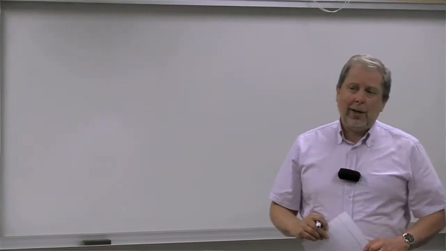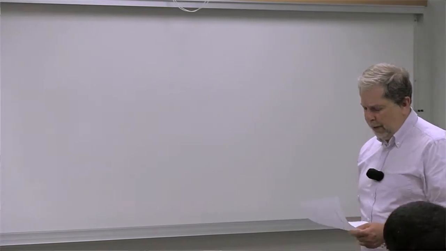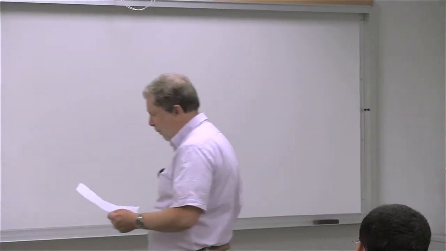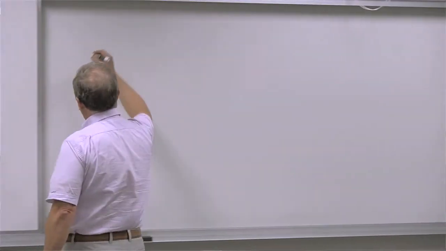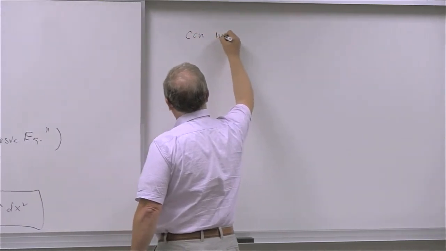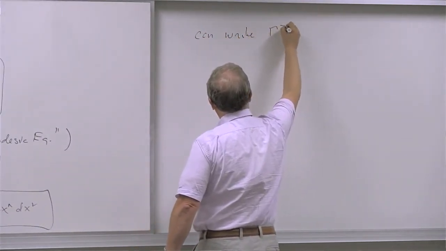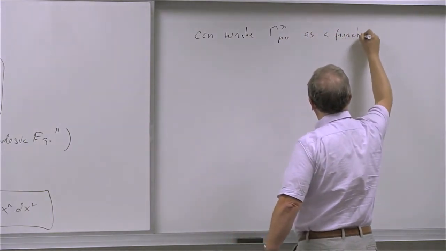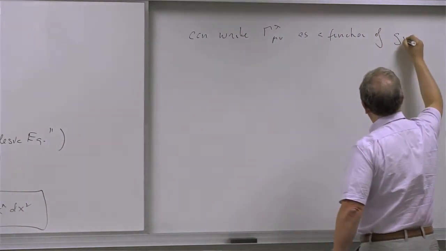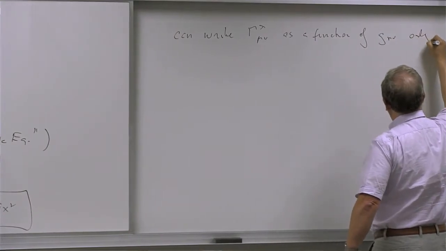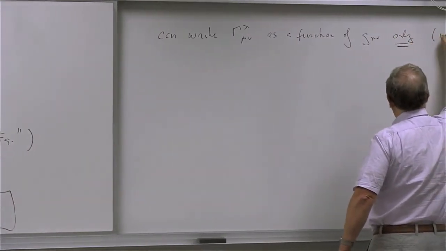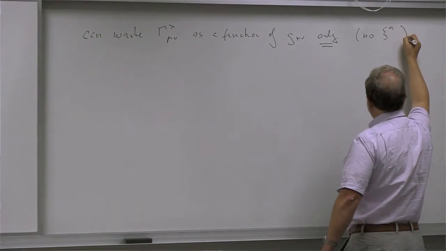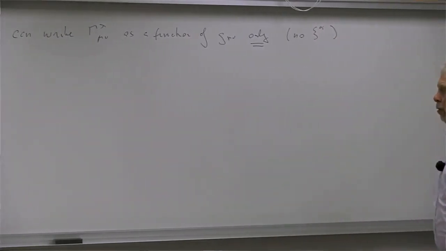Now, the other crucial ingredient that we derived in the previous lecture was the fact that you can write the gamma lambda mu nu as a function of g mu nu only. That is, a function that does not involve the xi alphas at all.